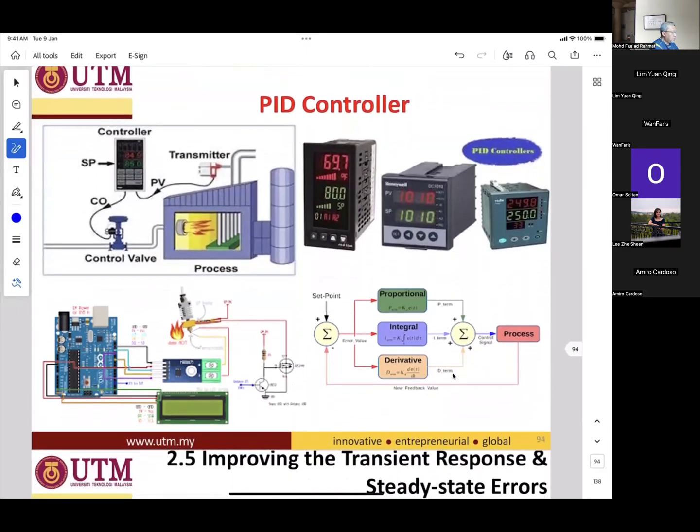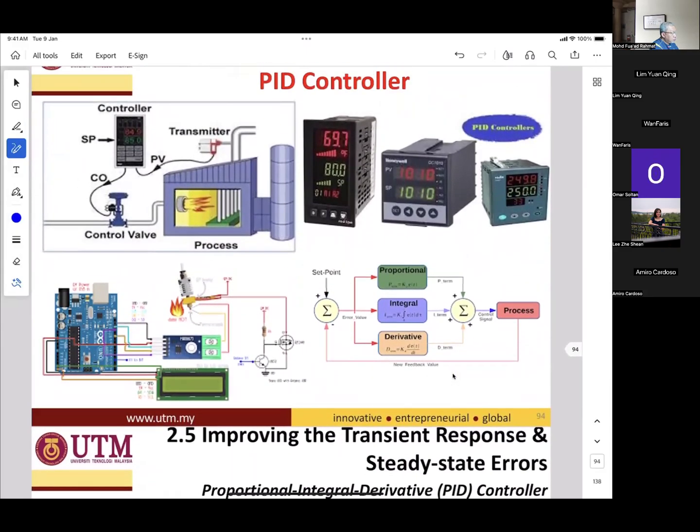So the PID controller is the combination of the proportional, integral, and derivative controller. In hardware, you have some sort of hardware module, where the industrial one is connected, cascaded to the model, the input model.